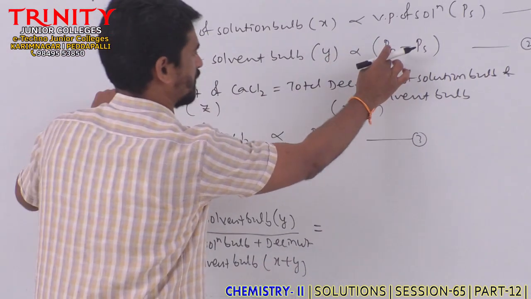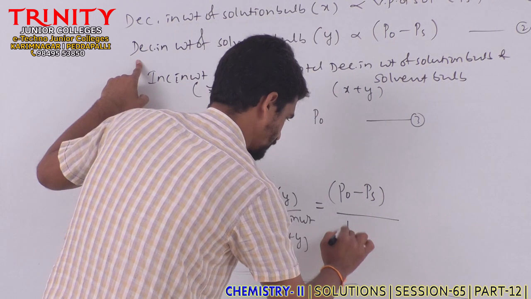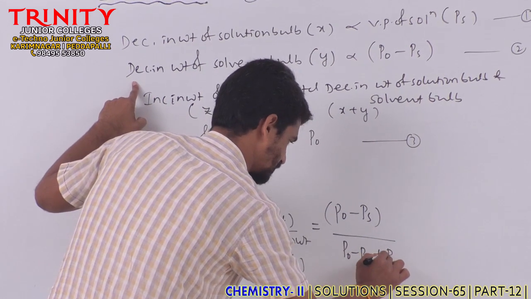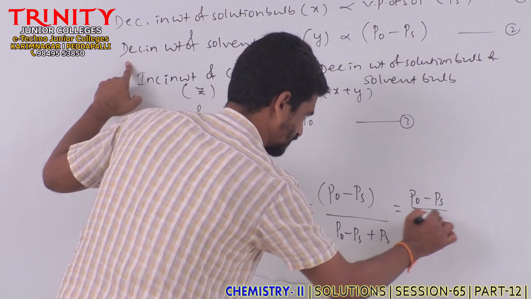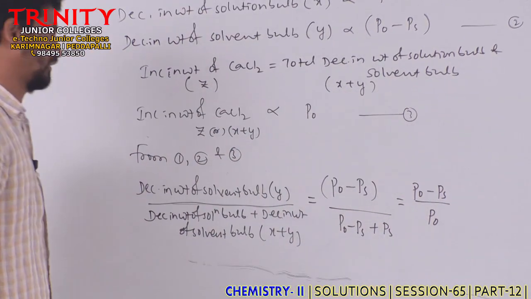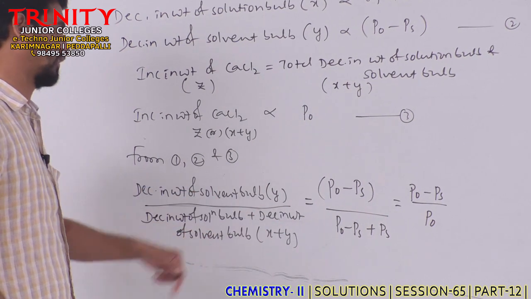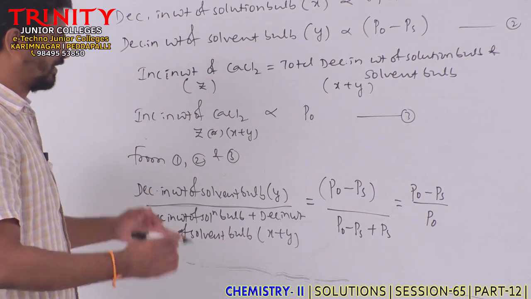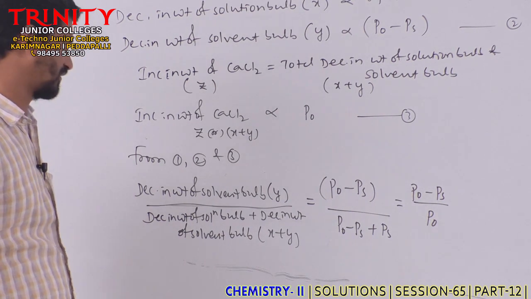Decrease in weight of solvent bulb is directly proportional to P naught minus Ps, by P naught minus Ps plus Ps. This is nothing but P naught minus Ps by P naught. Clear? So instead of total decrease in weight of solution bulb and solvent bulb, we can say increase in weight of U tube or anhydrous calcium chloride.